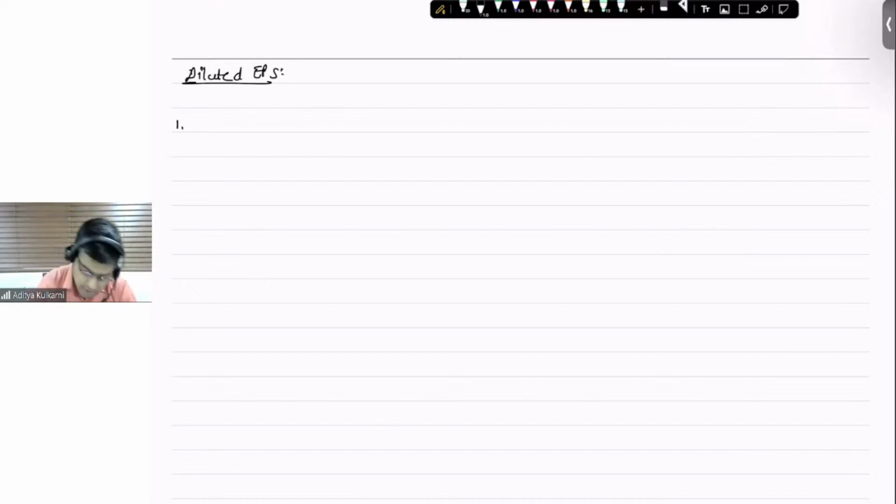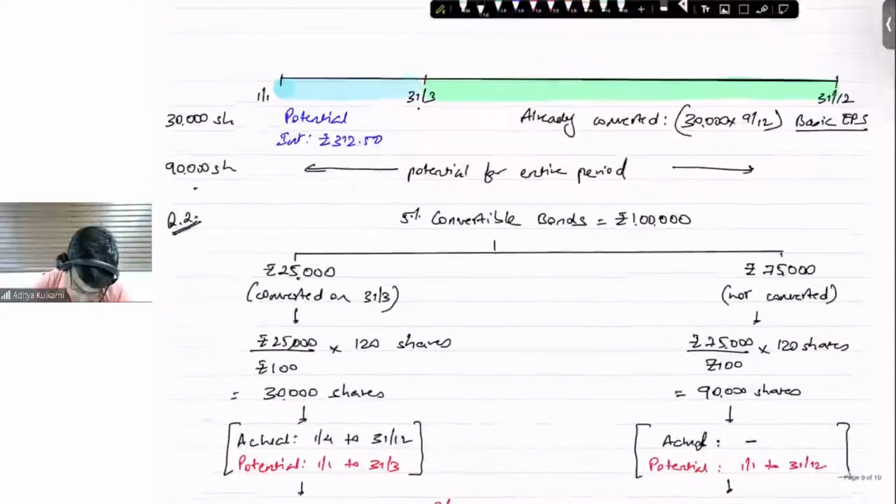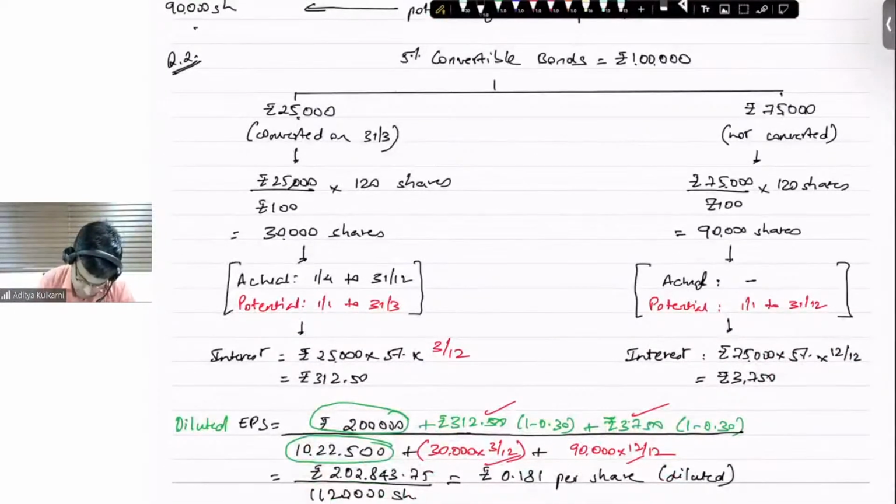25,000 into 3 by 12. One second. Some query is there. Where is 25,000 into 3 by 12?